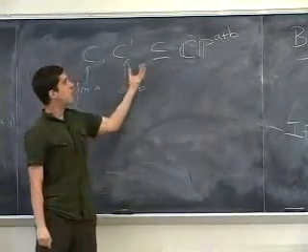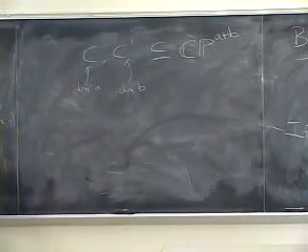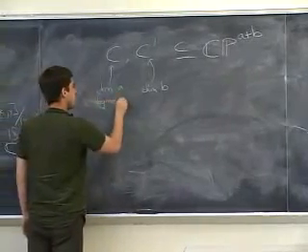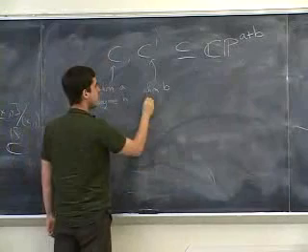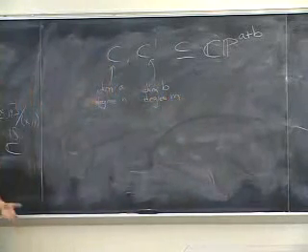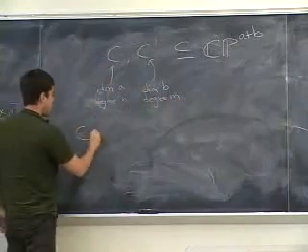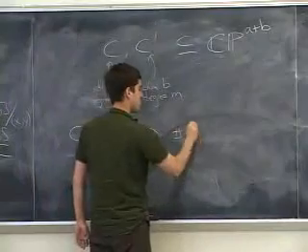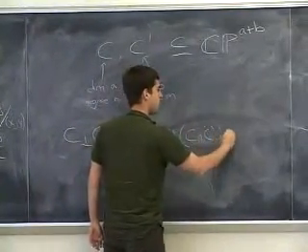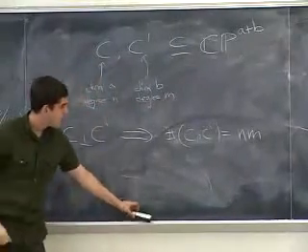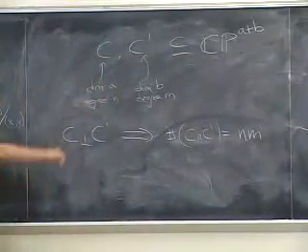Now, for two subvarieties of projective space of any dimension, you can still associate a degree. So let's suppose that C has degree n and C prime has degree m. Well, once again, if C intersects C prime transversely, then the number of intersection points of C and C prime is just given by the product n times m. That's exactly what you would expect.